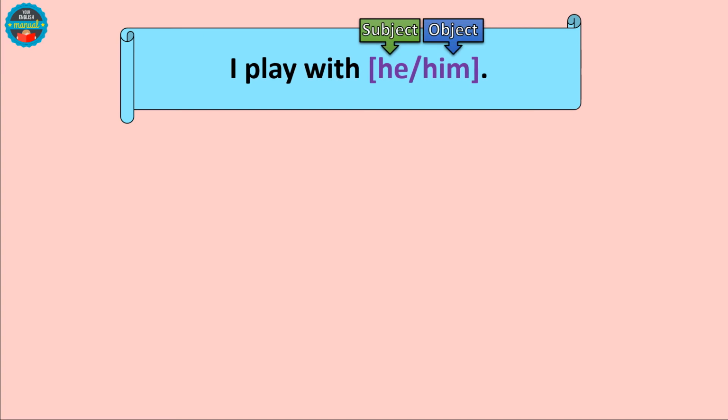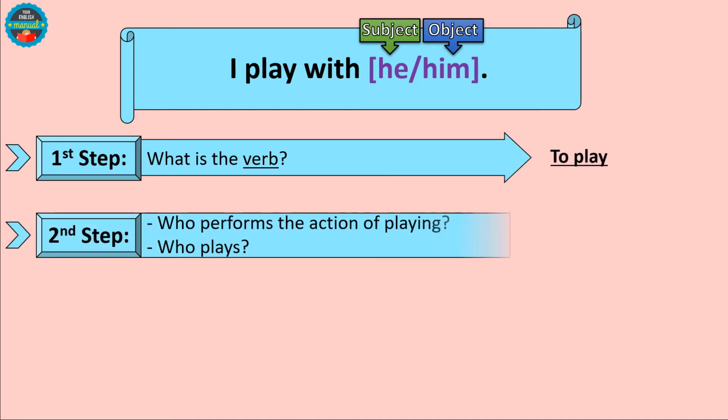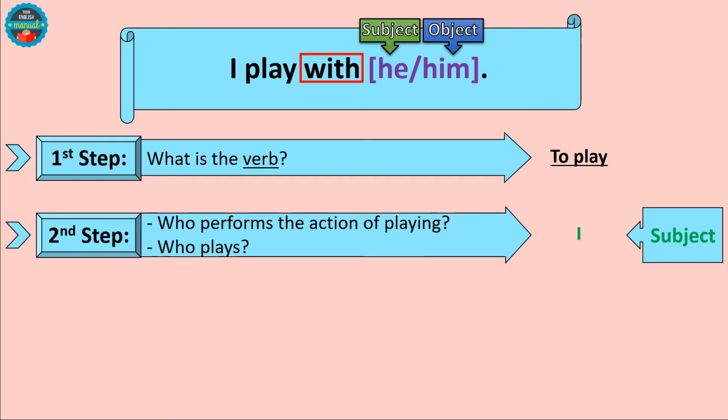One more. I play with he or him. First step, what's the verb? To play. Second step, who performs the action of playing or who plays? Answer, I. So I is the subject of this sentence. With is a preposition, so we must discover its object.